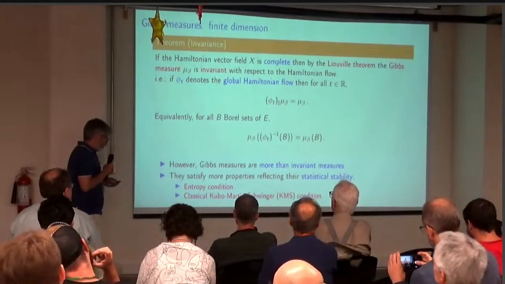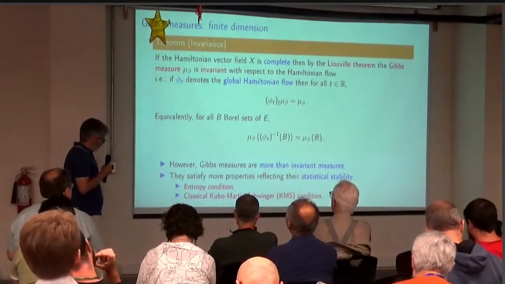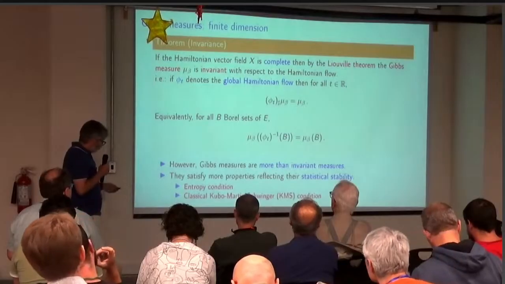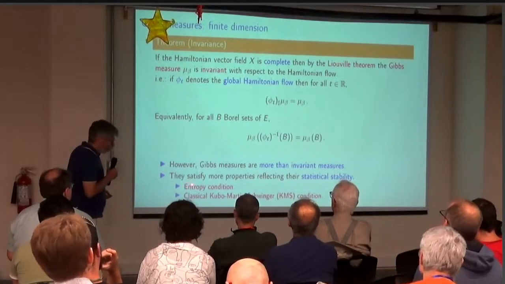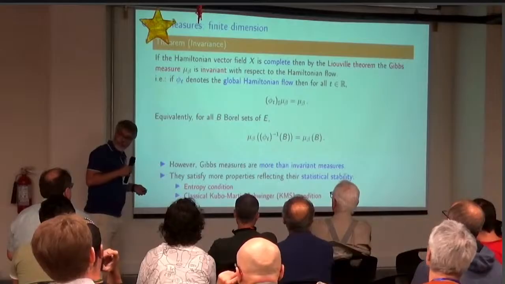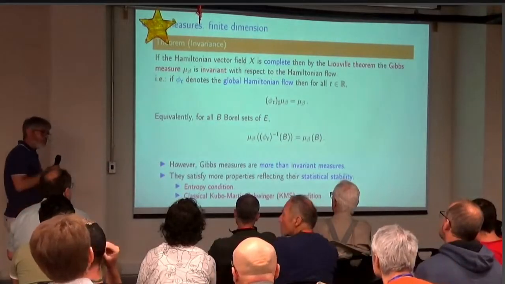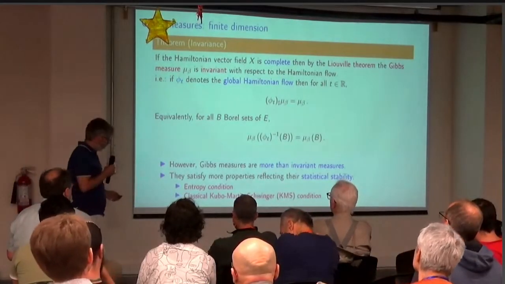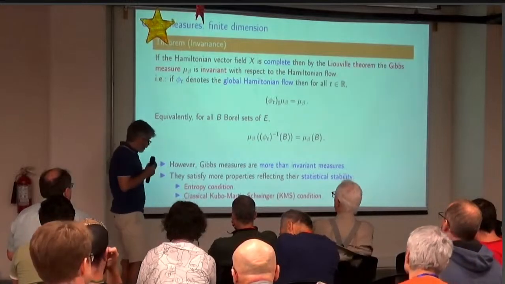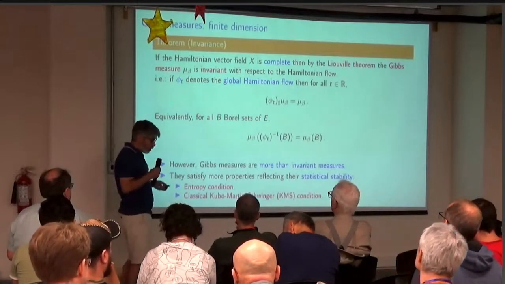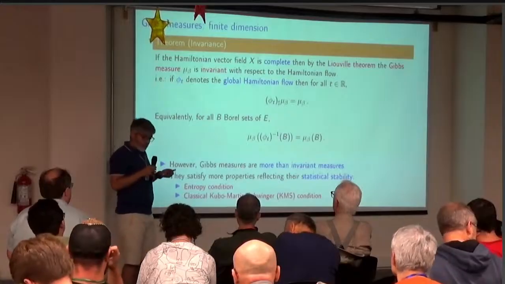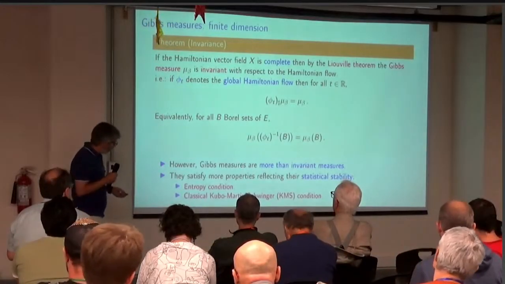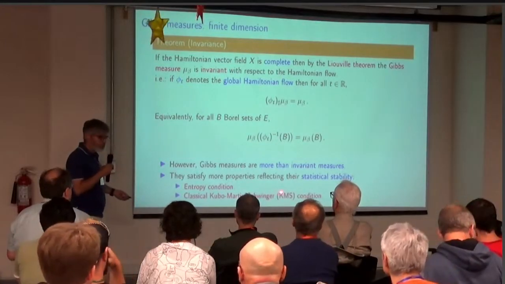There are many ways to define these properties. One of the popular ways is to introduce entropies and to see that the Gibbs measures are minimizers of this type of entropies. Another typical property, also very well known in quantum statistical mechanics, is what we call the Kubo-Martin-Schwinger condition.